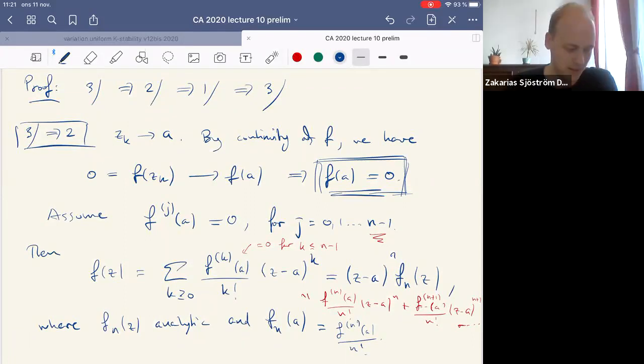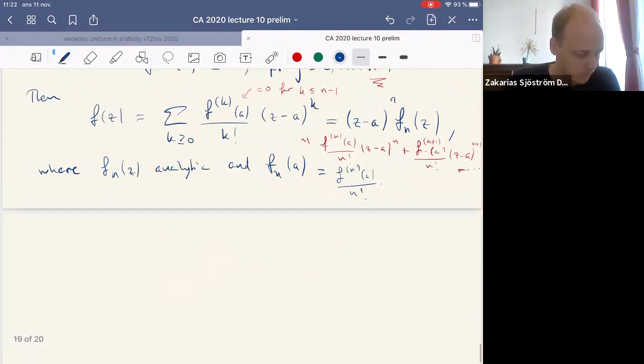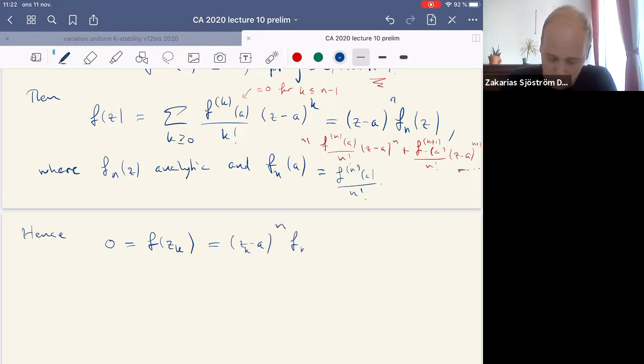Okay, so we're not quite done with the proof yet. So now we want to conclude. So how do we do that? Let's recap what we had. By definition, f of z_k was 0, and we now showed by the above formula that f of z_k was equal to (z_k minus a) to the n times f_n of z_k.